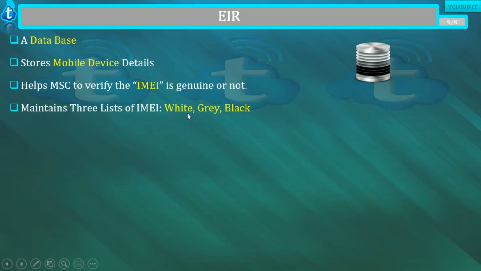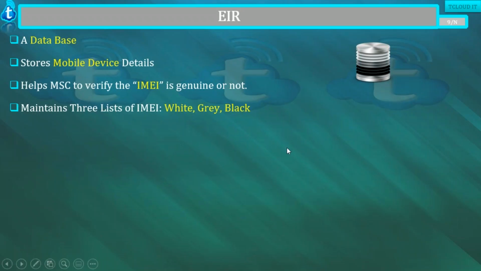Whitelist are all the good mobile phones. Graylist are the mobile phones which are under tracking, like the police or government organizations are tracking them. Blacklist are typically the mobiles which have been stolen or where unauthorized usage is detected.